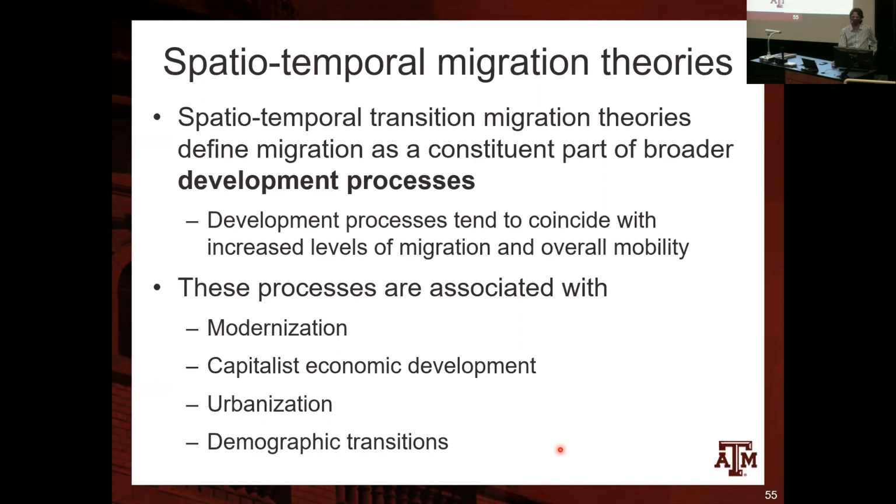The spatio-temporal migration theories define migration as a constituent part of broader development processes. So here we start to look not only at the individual and household decisions, but also at the larger context: how the specific society is organized, how other societies are organized, and how one attracts more people than other areas.